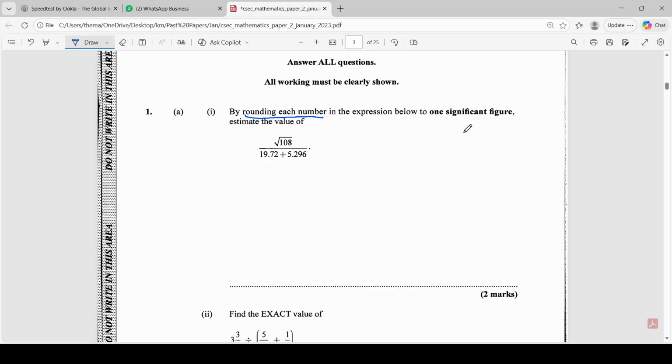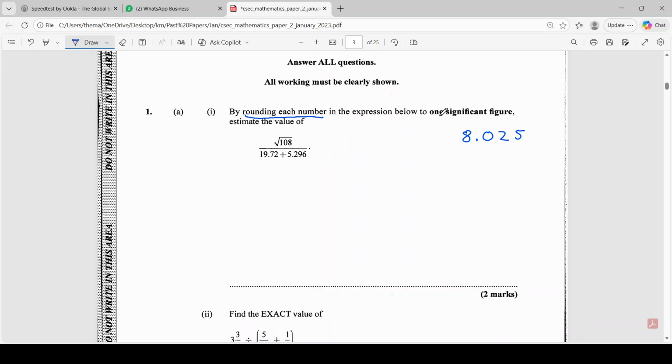So a quick recap on the difference between significant figures and decimal places. So here we have 8.025. If you look at this number, when you consider decimal places, you check how many places after the point. So in this case, your first decimal place would be 0, second decimal place is 2, third decimal place is 5.